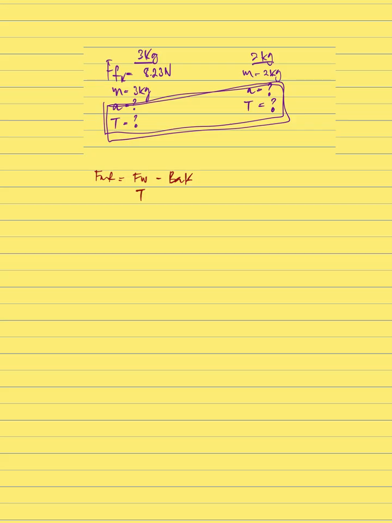So it's tension minus friction. So that's what the Fnet is for this one. This one's Fnet is, what's pulling it down is the weight, and down would be positive, plus minus the tension. So there's my 2 Fnet values for both equations.